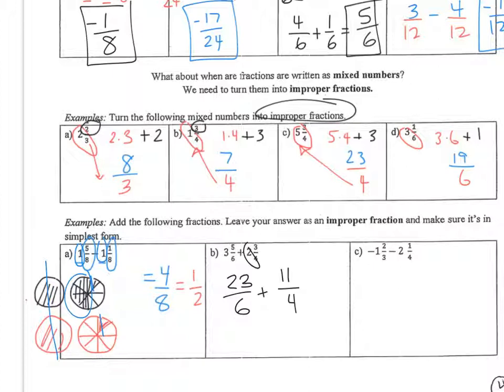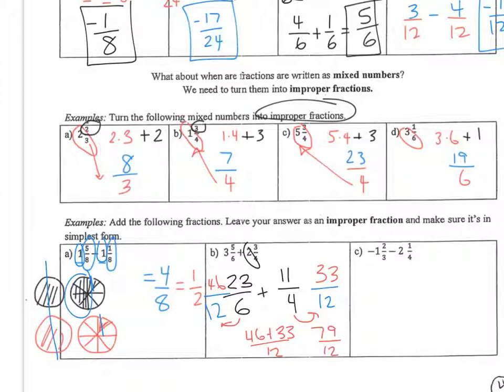Now you can get a common denominator. So the common denominator is 12. So you have to multiply this one by 3 to get 33. You multiply this one by 2 to get 46. So 46 plus 33 all over 12 is 79/12.